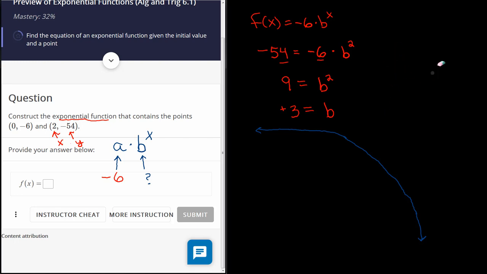So I think we're done. We know that a is negative 6, and we know that b is 3. So the claim is that our function is negative 6 multiplied by 3 to the x.